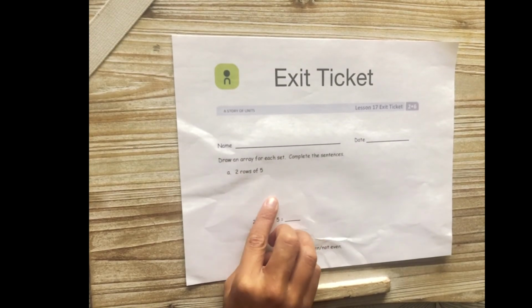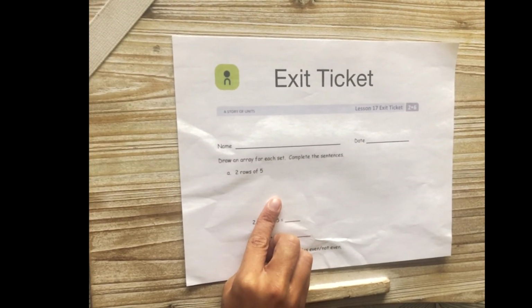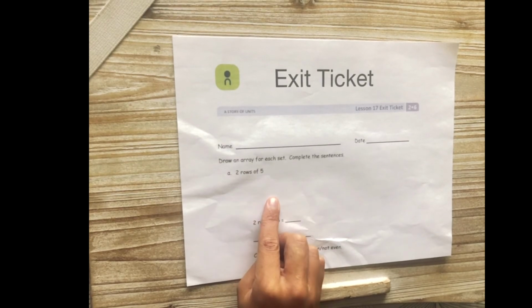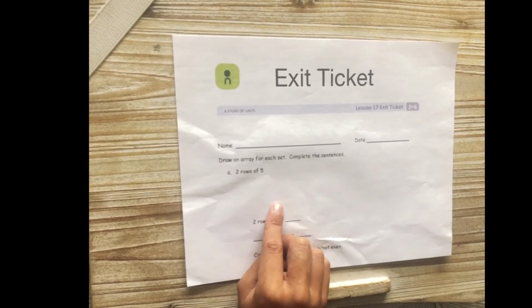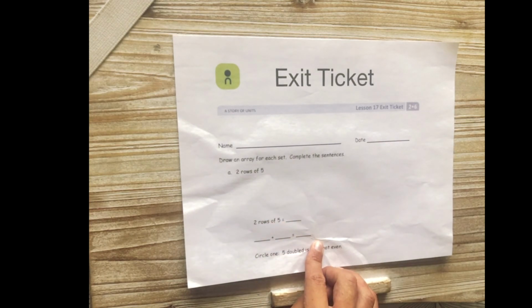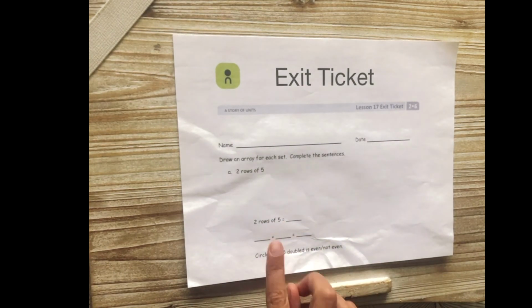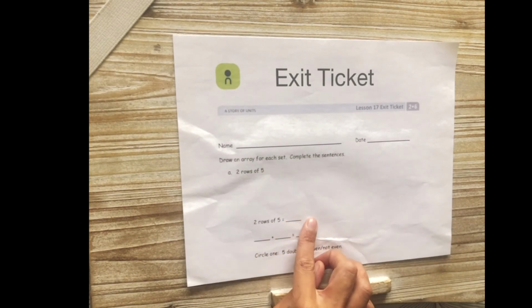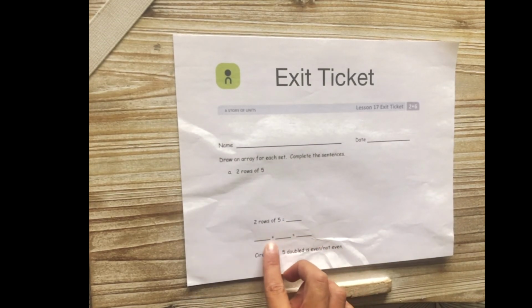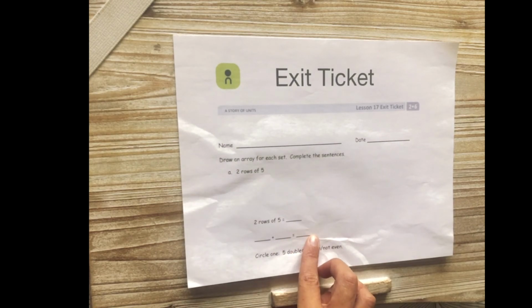So I know I need to draw an array just like in our application problem that has 2 rows of 5. That means 5 on top, 5 on the bottom. And then I need to write an addition sentence to represent that. 2 rows of 5 is equal to, and then I need to write that addition sentence to represent that, okay?